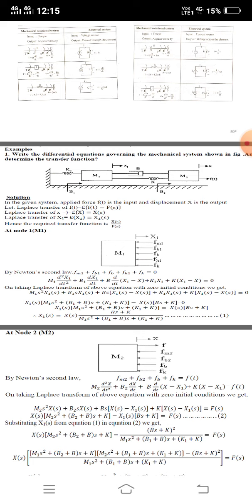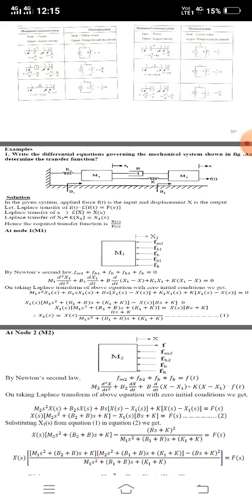Here we know the mass formula, viscosity formula and spring formula, and we replace each and every formula here. Just notice this x1 minus x comes from the viscosity b.